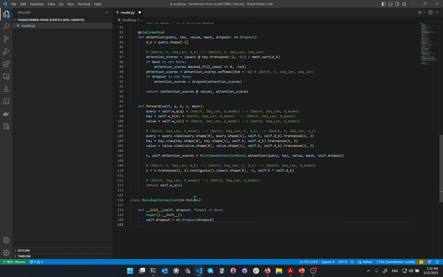As you remember, the skip connection is between the add and norm and the previous layer. So we also need a norm, which is our layer normalization, which we defined before, and then we define the forward method.